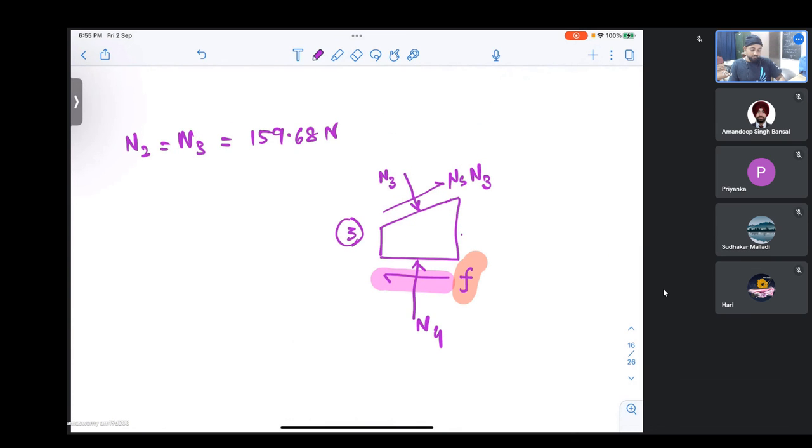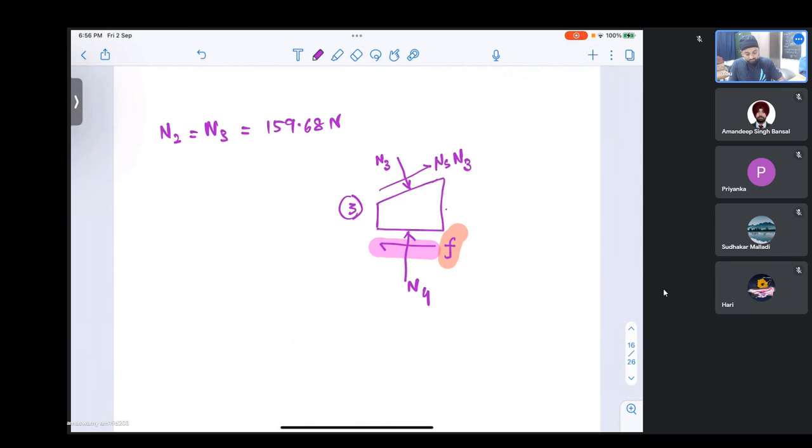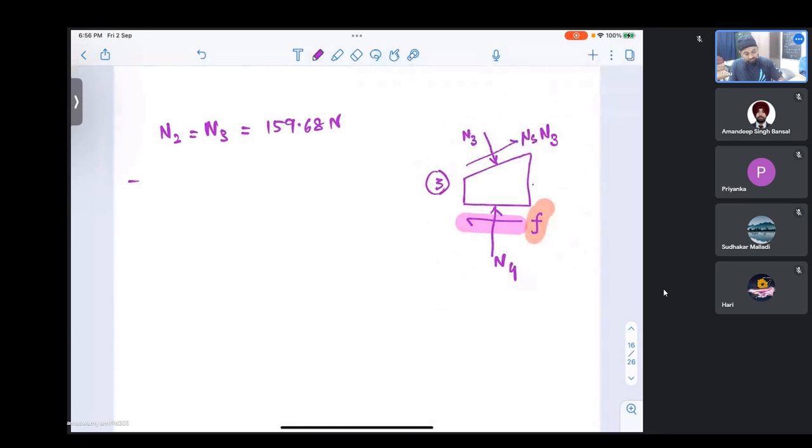Okay. So if we write the force equilibrium in the vertical direction, what will we get? Minus N3 cos phi, and we have the frictional component that will have a force facing along N4, so it will be mu s N3 sine phi, which will be plus N4.